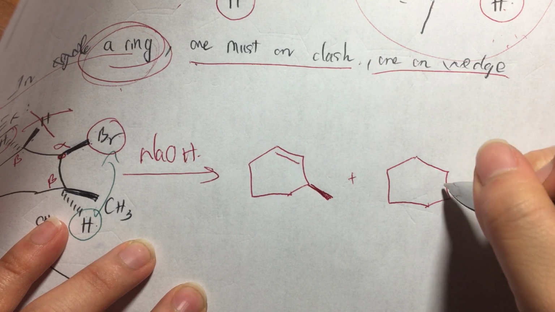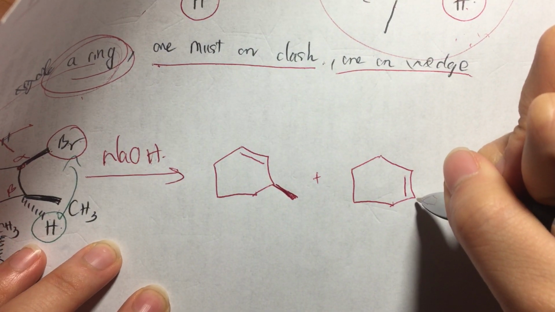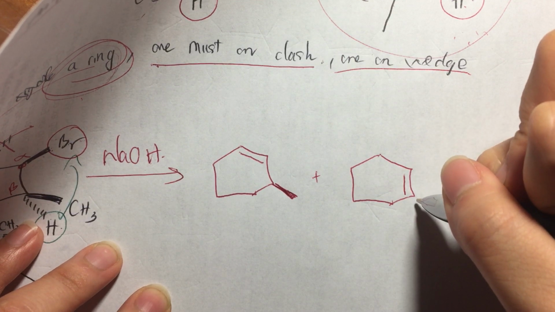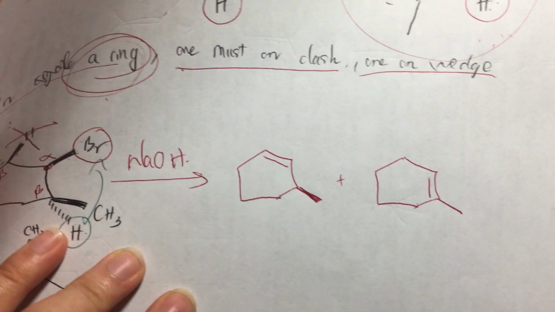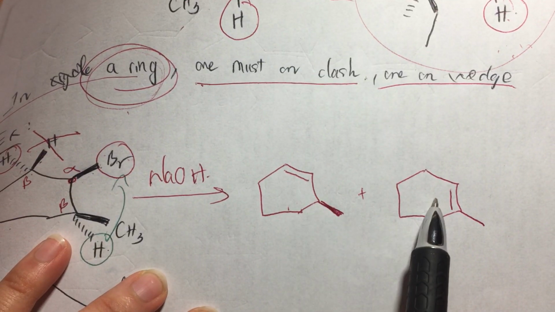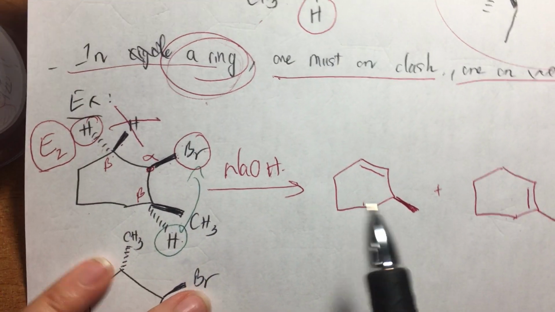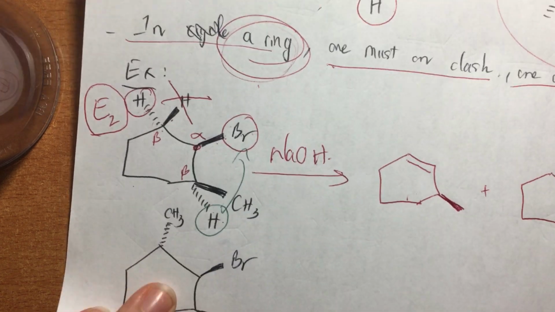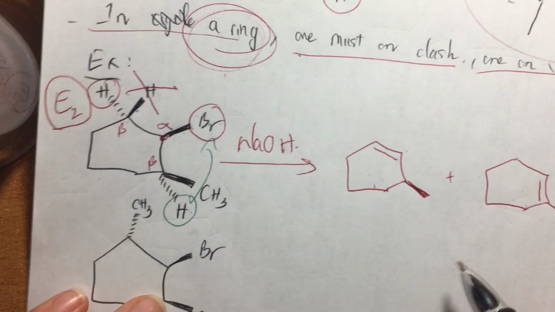Since this carbon is involved, it comes back to carbon sp2, which is not a chiral center, so I cannot draw a dash or wedge here. That's why it comes back to just a line. So these are the two stereospecific products that I can form. In the case of a ring, you may have more than two, so remember that.